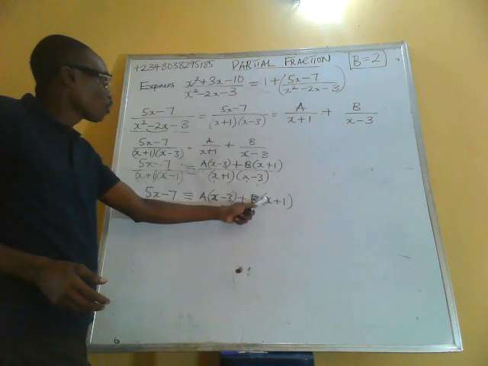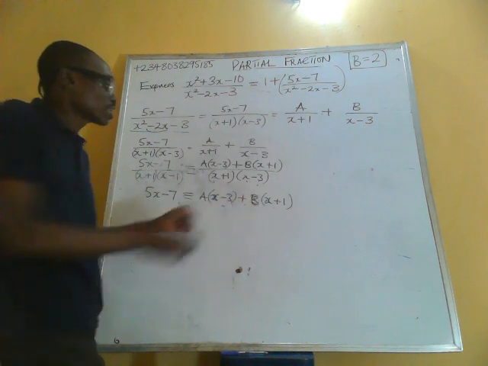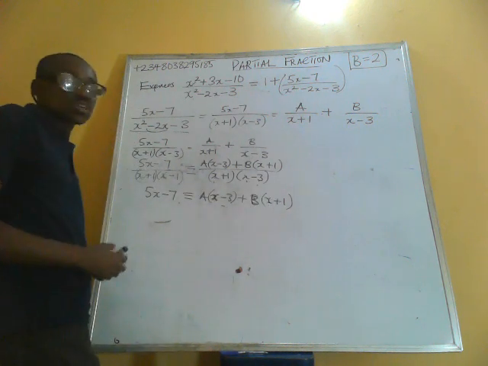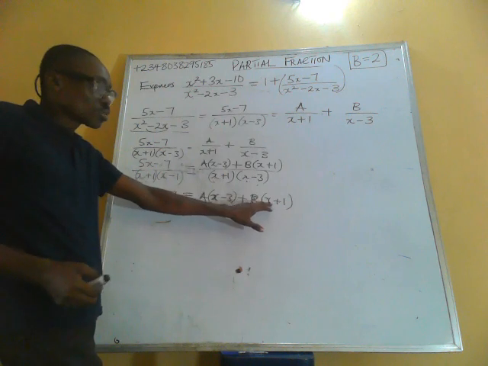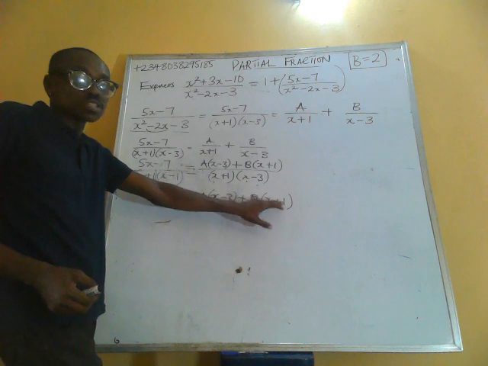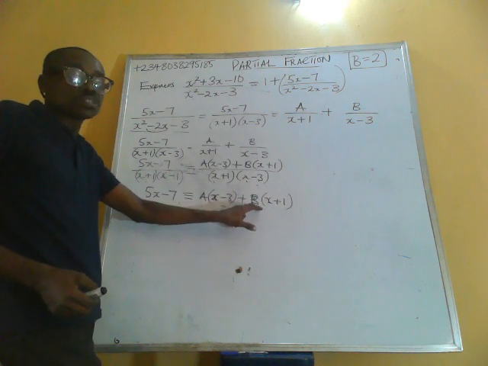And over here, the only thing that can make b 0 is when this part of our equation is equal to 0. And what can make that 0 is when x is equal to -1. So that -1 plus 1 gives you 0. 0 times b, you end up with 0.